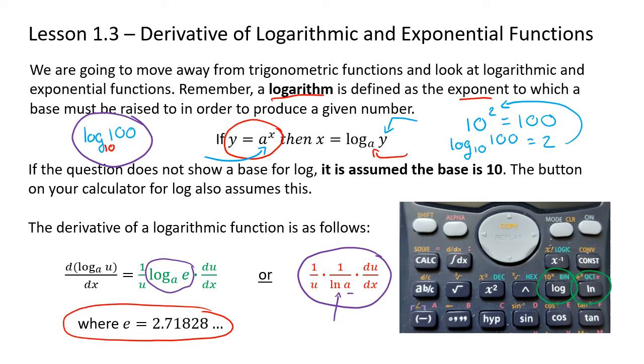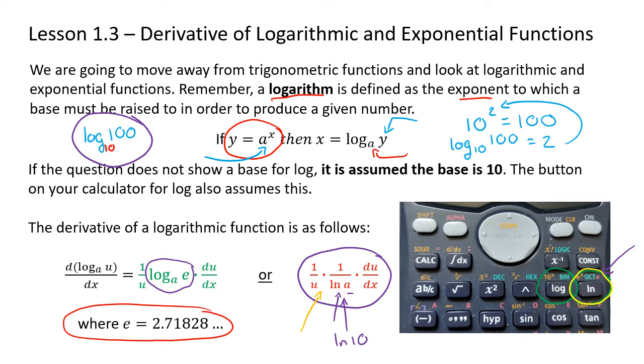That would make this ln of 10. And the benefit of it is when you have ln, you can simply place that number directly in your calculator here, because we have a ln function. We're going to talk about natural logarithm and what it means after we do some logarithmic examples, but I'm showing you both ways to do the derivative. Either one you could do on a test and the answer is correct, but I'm going to strongly recommend that you use the one with the natural logarithm.